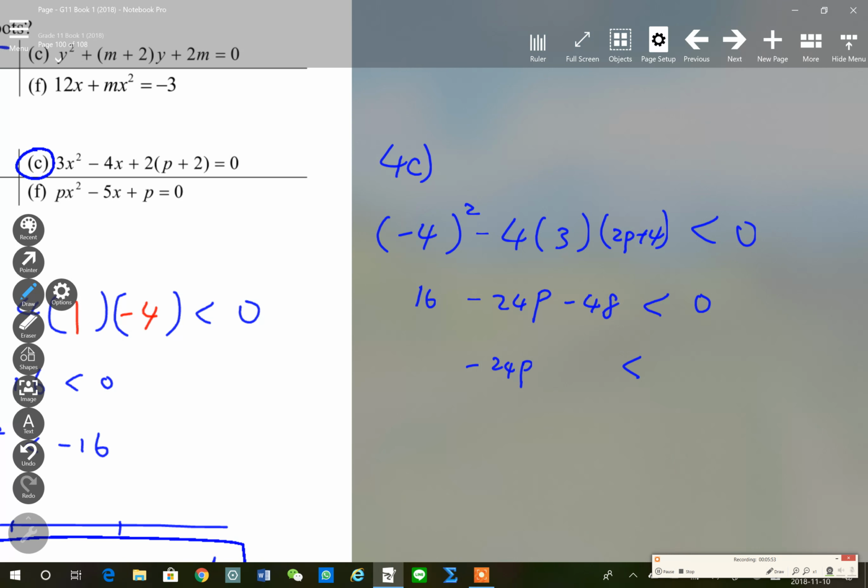The negative 24 moves over, and 16 goes over, so they subtract, right? Get 32. Yeah, and then what do you do next?